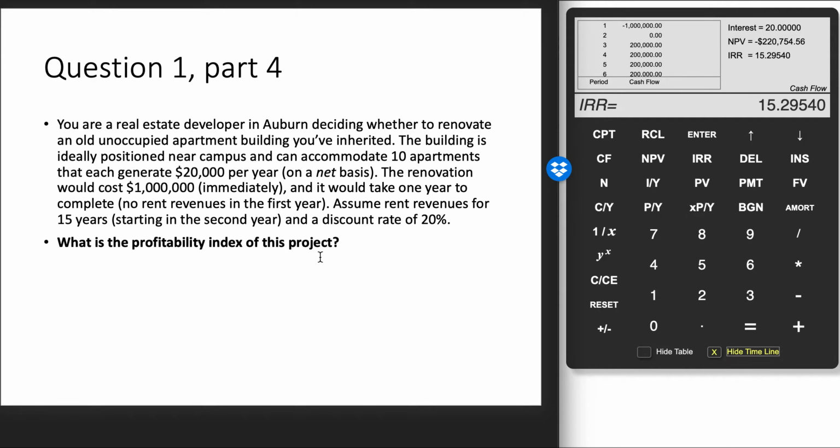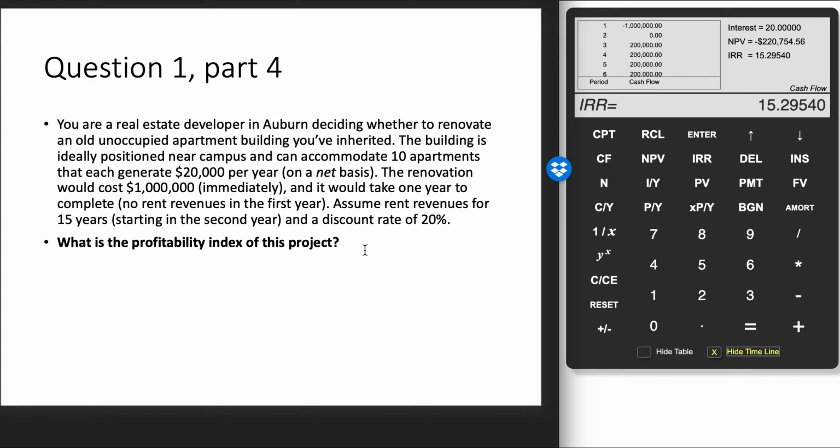And then another question is, what is the profitability index of this project? So the profitability index is going to be equal to the present value of the cash inflows divided by the initial cost, which in this case is $1 million. Remember, the net present value is the present value of the cash inflows minus the initial cost.